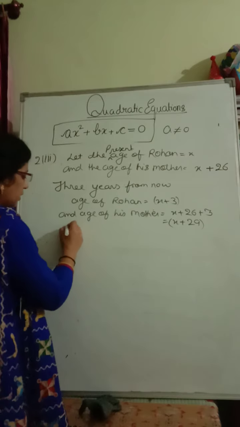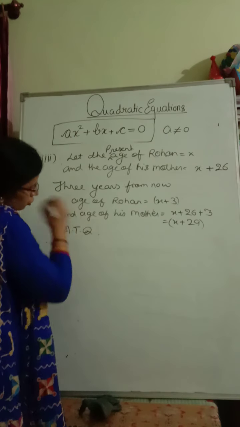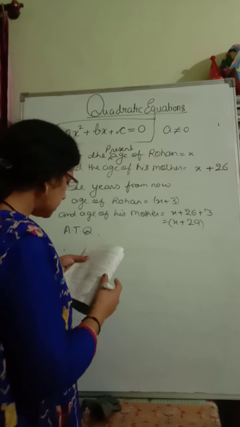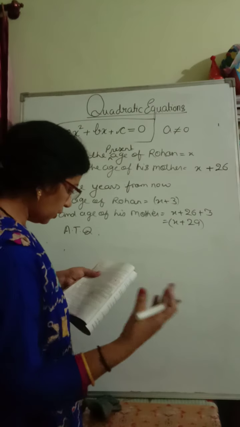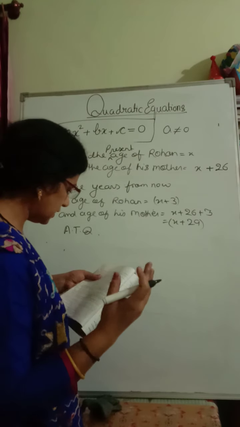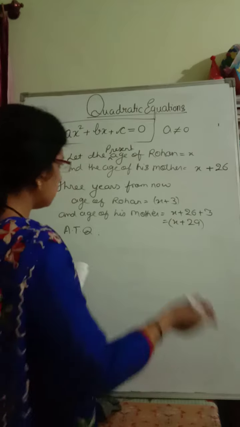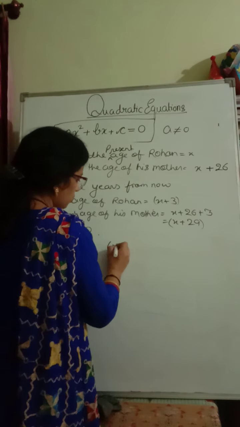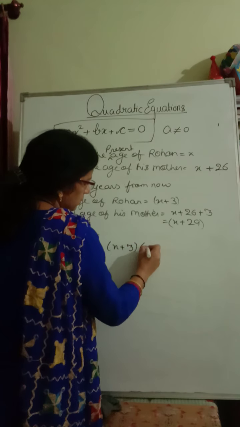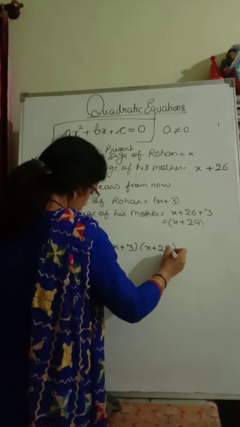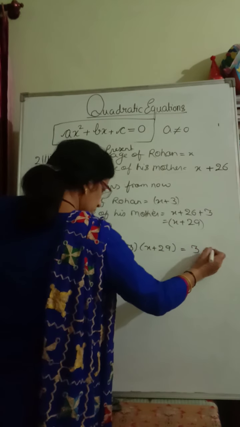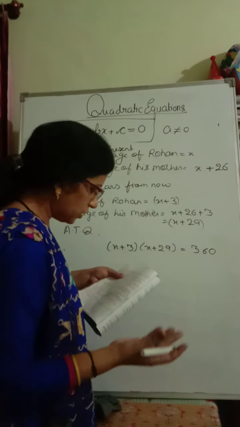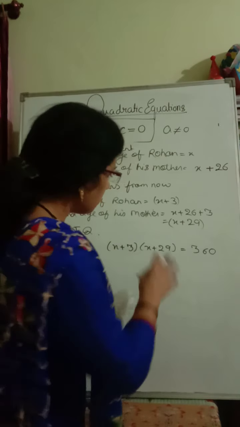Now I am writing according to the question. 3 years from now the product of their ages will be 360. We have to find Rohan's age, meaning from this we have to get the quadratic equation.